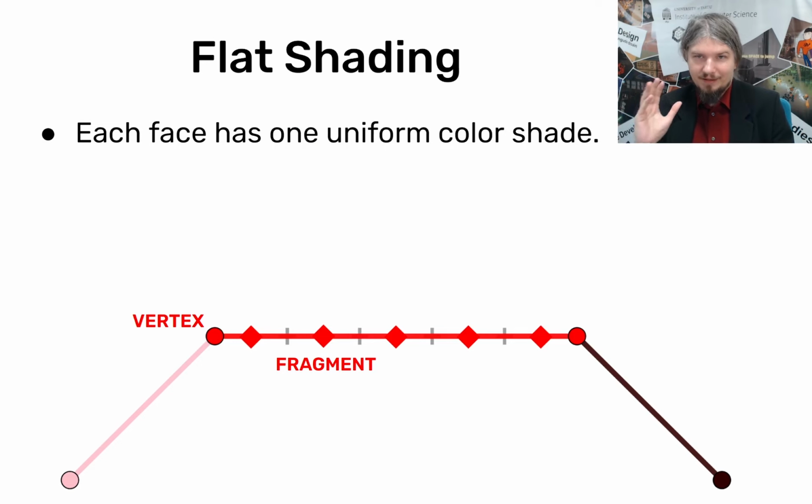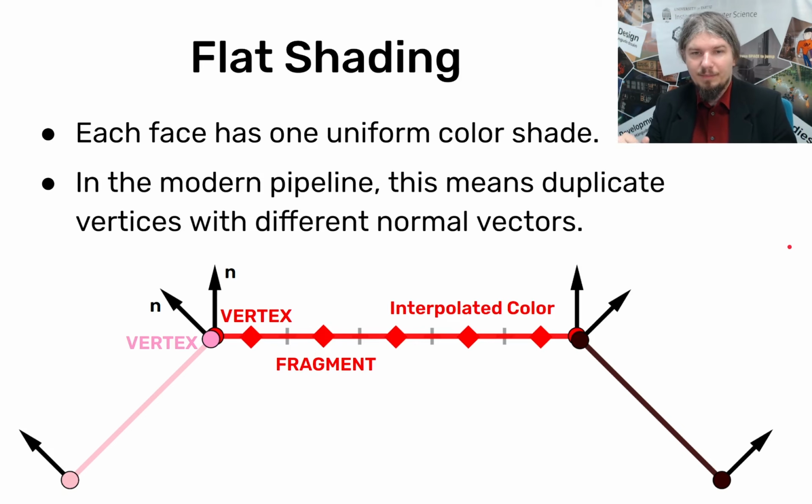Now this flat shading, the first, simpler one: each face has one uniform color shade. So we have some vertices, we have some fragments. These fragments are basically pixels of the face projected to the screen. Those all along one face have a single color. Now in the modern pipeline, this is a bit tricky to achieve, because if you want one color across one face and a different color across the face next to it, then we have to duplicate these vertices.